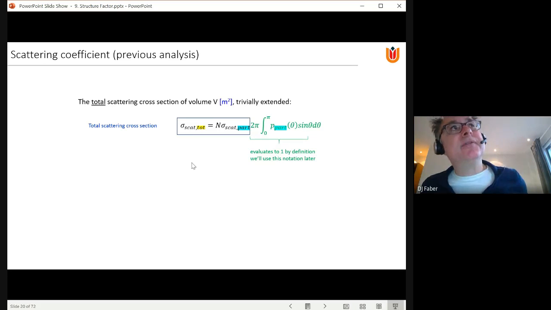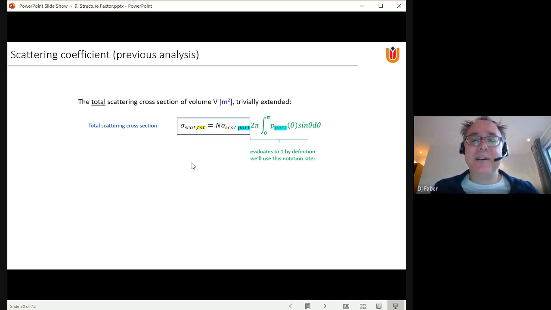and so let's do a little bit trivial extension of that formula. In the box is the same formula that we ended on in the last slide, but now I can add the part in green using the phase function. So the phase function of a single particle integrated over 0 to pi sine theta d theta, and also integrated over 0 to 2 pi d phi, but because there is no dependence on phi in the phase function, that gives you the factor 2 pi.